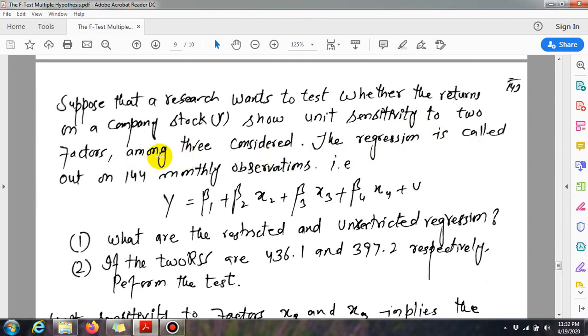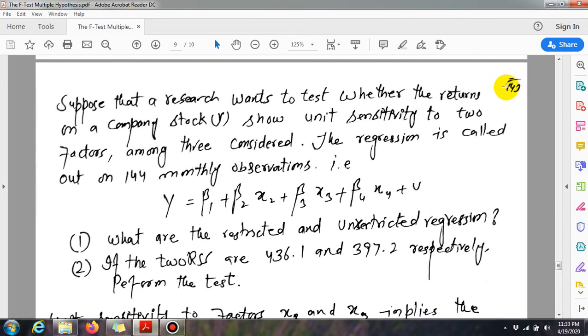The regression is run on 144 monthly observations. So here we have a regression line y is equal to beta 1 plus beta 2 x2 plus beta 3 x3 plus beta 4 x4 plus u, and this is the same example which is given in the Brooks book, Introductory Econometrics for Finance, page number 143.